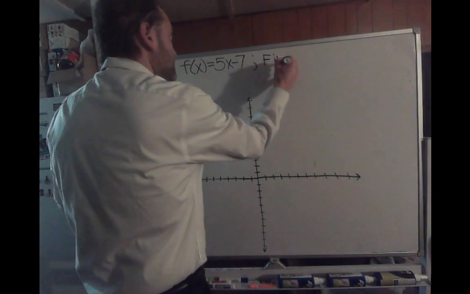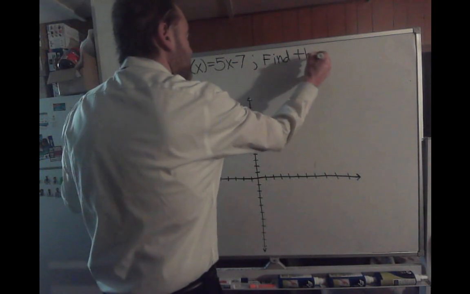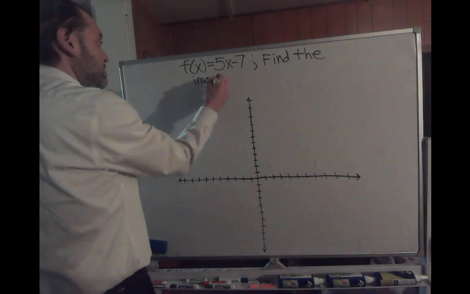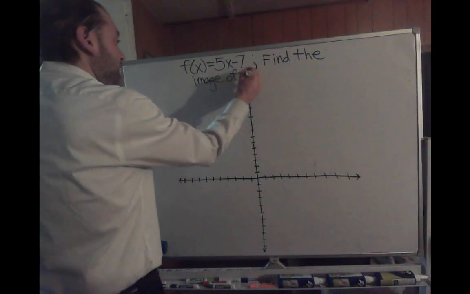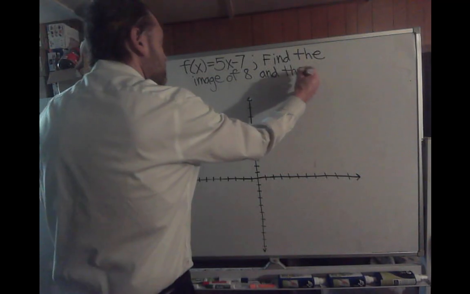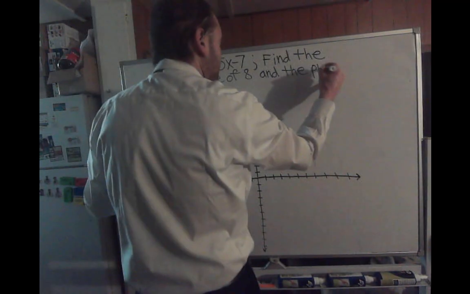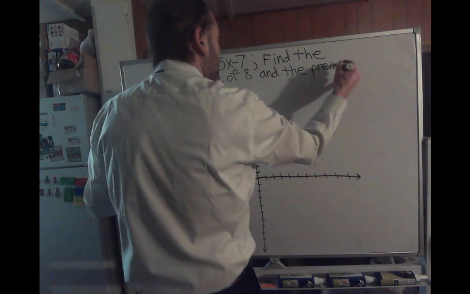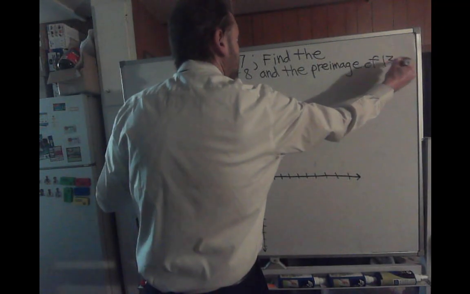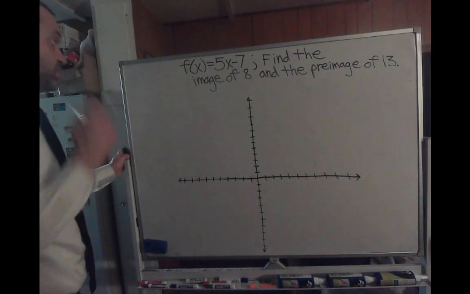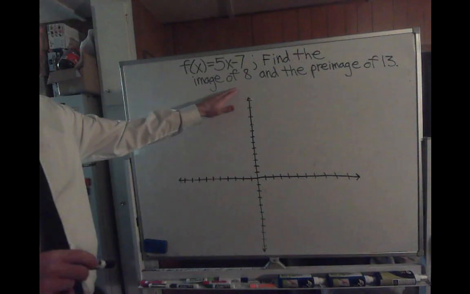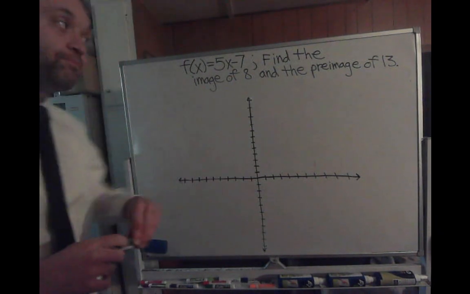Find the image of 8 and the preimage of 13. So we are given a function here, f of x equals 5x minus 7. Find the image of 8 and the preimage of 13.